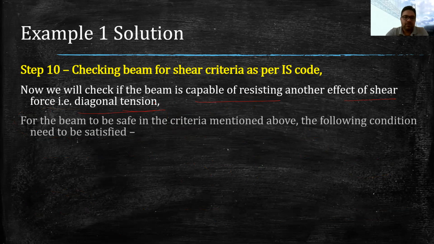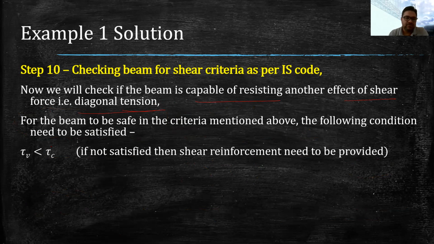For that we have to follow this condition. If tau v is less than tau c, then we will say that the beam is safe in diagonal tension also. But by chance, if tau v is greater than tau c value, in that case we will say that shear reinforcement needs to be provided.